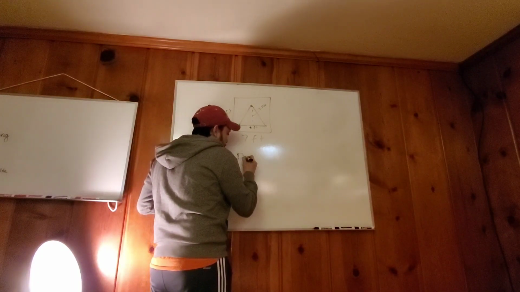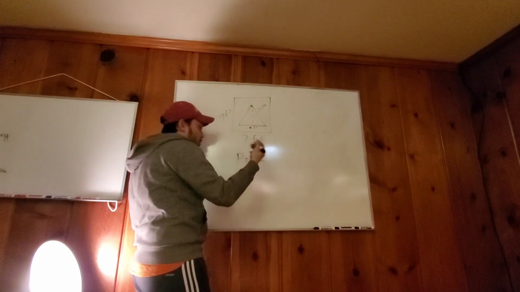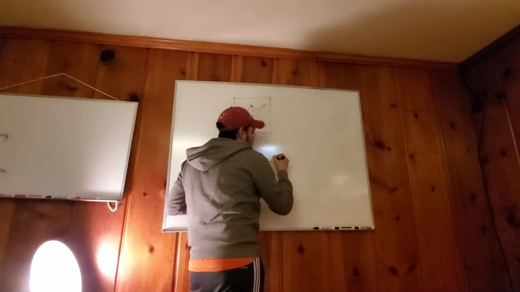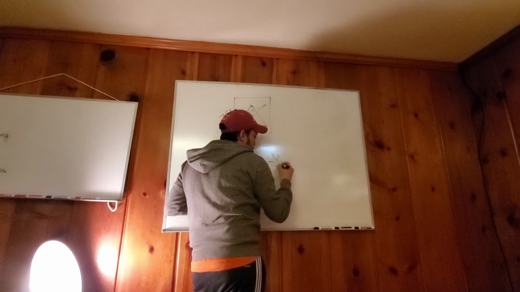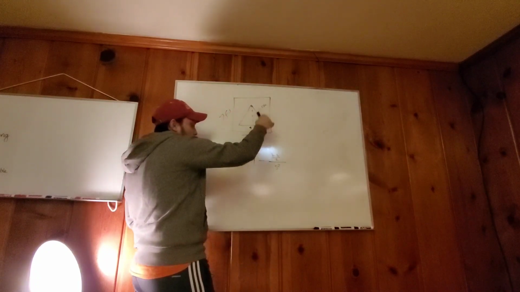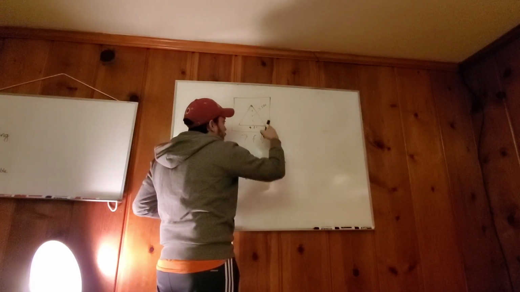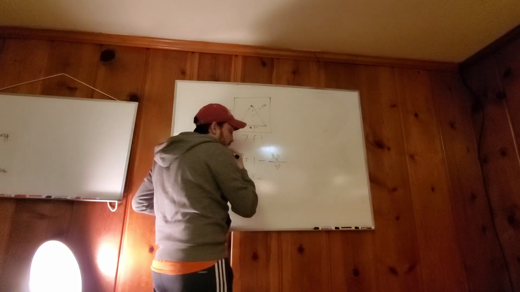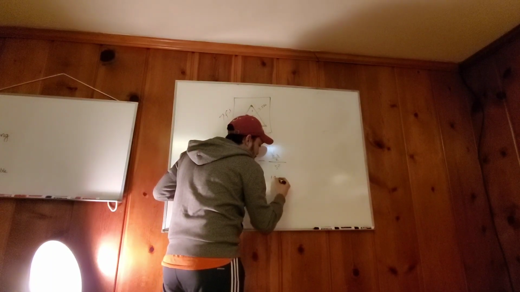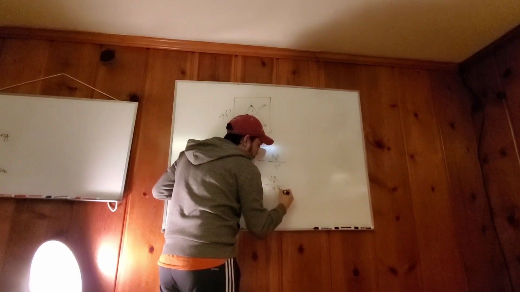What is the probability of you hitting everything else except the triangle inside? Again, the probability would be 1 minus the probability of hitting the target, which is a triangle. The area of a triangle is base times height divided by 2, and the wall's area is side squared because it's a square wall. So the probability will be 1 minus 4 times 3.5, which is 14, divided by 2, over 49.